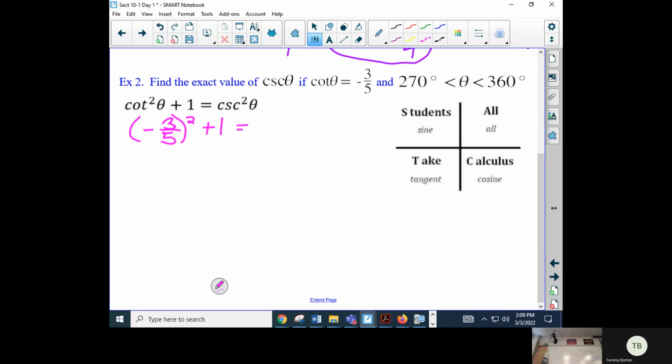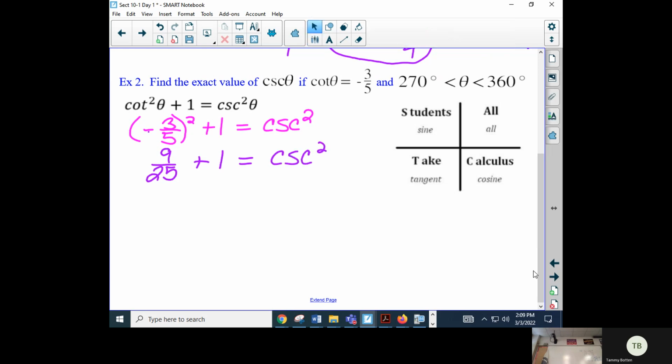Plus 1 equals cosecant squared. And like I said, you don't have to keep following that theta down, you can just drop that off. Now, when I square this, what happens when you square a negative? Positive. And then you have 3 squared is 9, 5 squared is 25. Then we have the plus 1 equals cosecant squared.